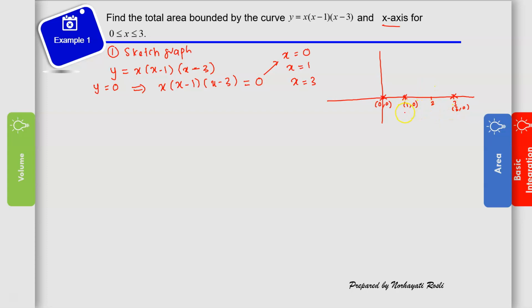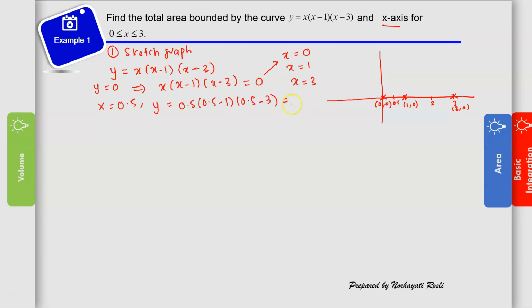However, we cannot get any idea about the pattern of the graph. So to make it easy, we find a value in between 0 and 1, for example 0.5, and compute y. We let x equal to 0.5, so y will be equal to 0.5 times (0.5 minus 1) times (0.5 minus 3).